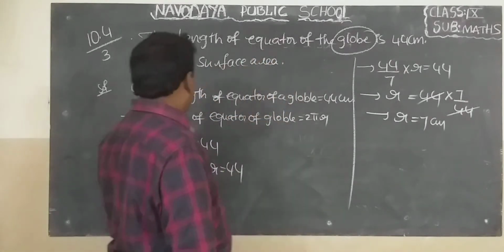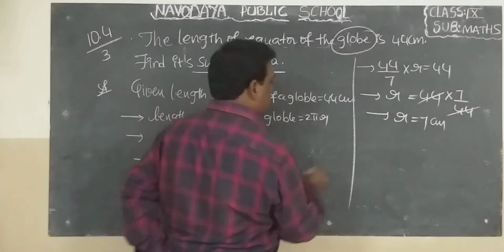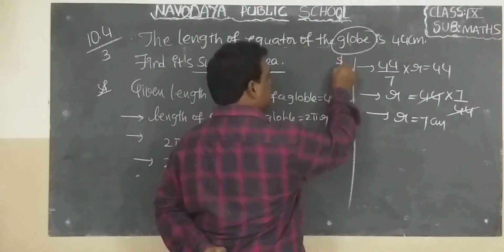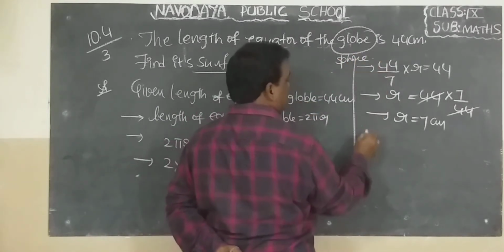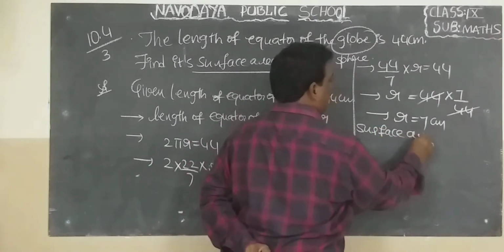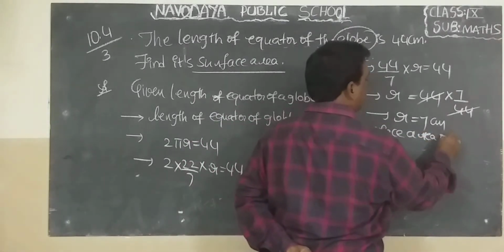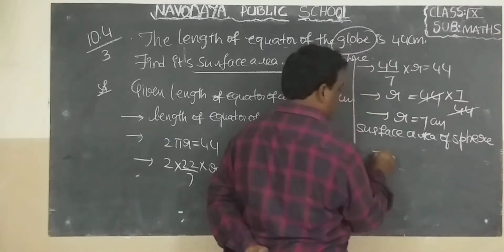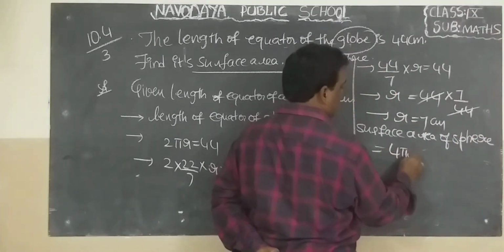What we need to find out? Surface area. Surface area, it is nothing but of sphere. Surface area of sphere equal to 4 pi r square.